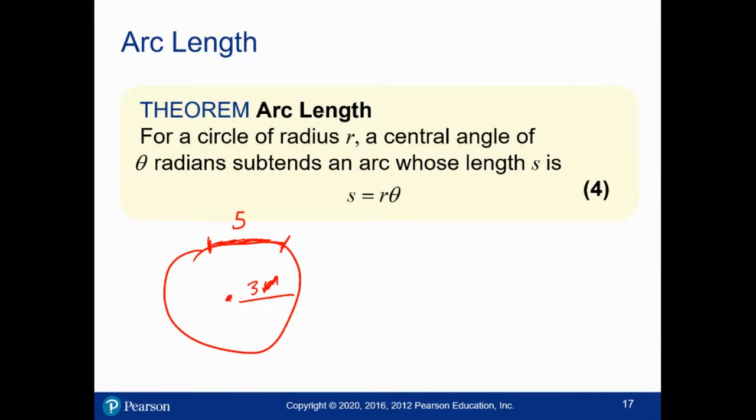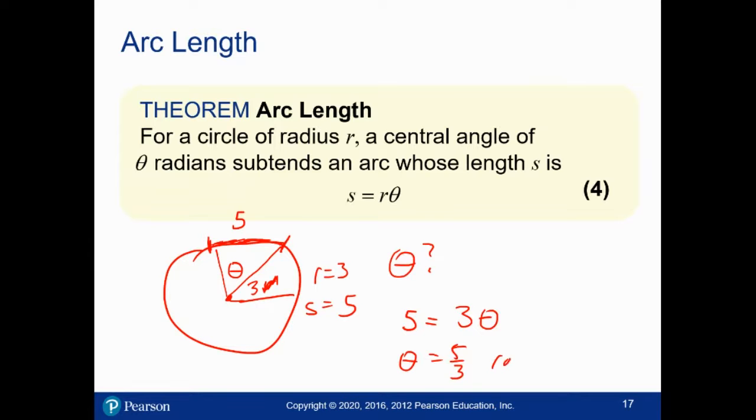Okay. Then from the center of the circle, this angle, I'll mark with theta. So the radius is 3, the arc length was 5. So what was theta? Well, s equals r theta, so theta is 5/3 radians.